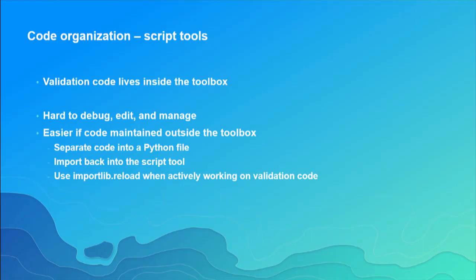One trick that we have, and this is more acute when it comes to talking about some of the debugging concepts, is that the validation code is buried and hidden away in the toolbox. Some of you know this already. That creates problems, right? You want to do debugging, editing, really any of those things, and it requires a lot of button clicks just to get into the toolbox and a lot of button clicks to get back out. When I'm doing that in the traditional way, it's a lot of bouncing around.